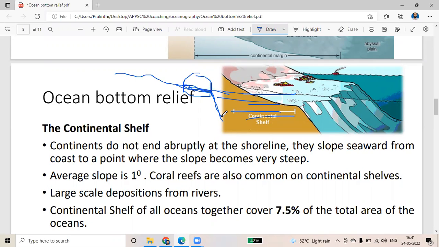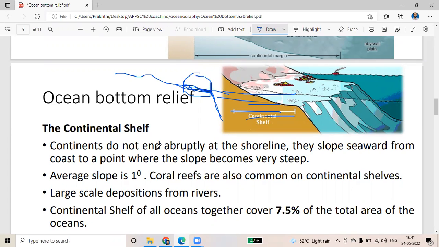That area we can call the continental shelf region. You can see coral reefs, atolls, estuaries, and the main depositional features in this continental shelf region.